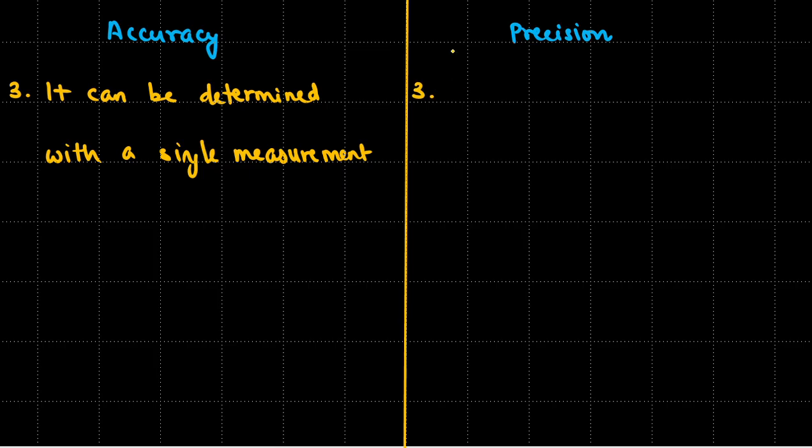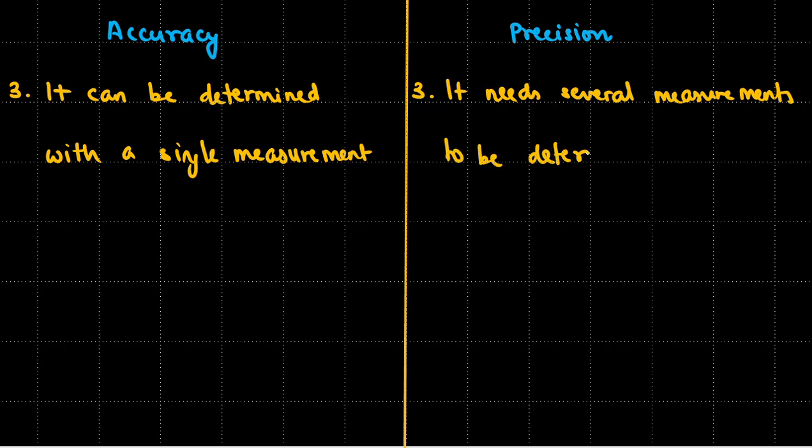Whereas for precision, it needs several measurements to be determined, since you have to check them with your values, not the true value, your values.